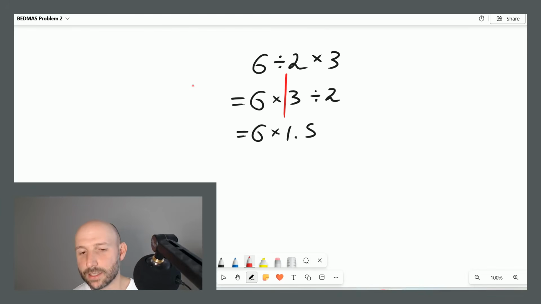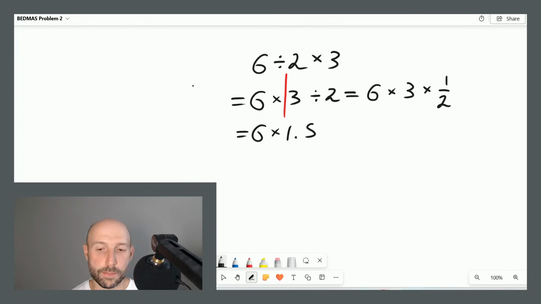Well, it's not, and we see that if we write the division as multiplication, because remember, division is just a special type of multiplication. If we have 6 times 3 times 1 over 2, because dividing by 2 is the same as multiplying by 1 over 2, then we just have a string of multiplication.